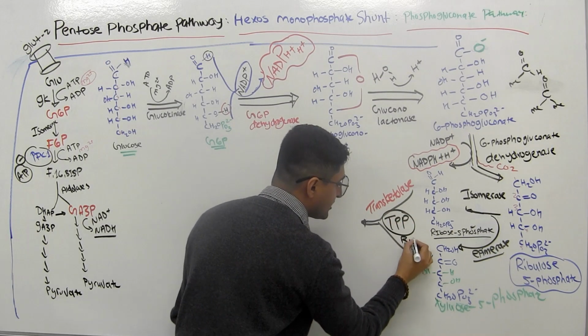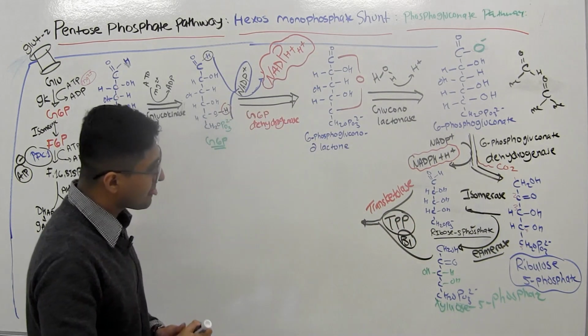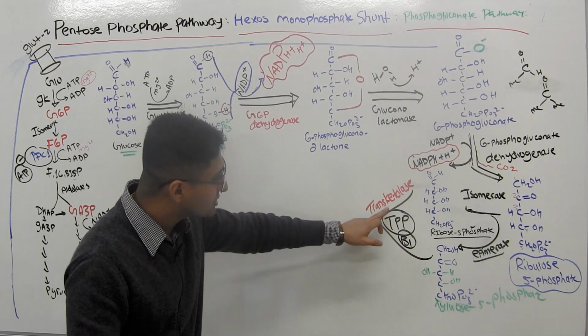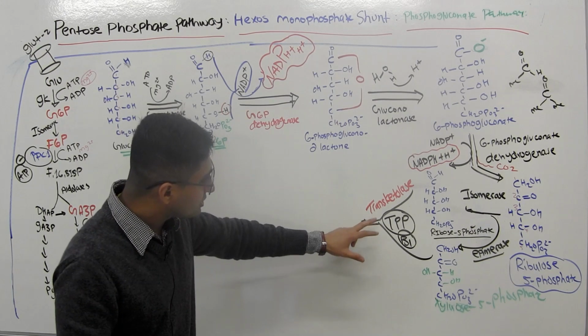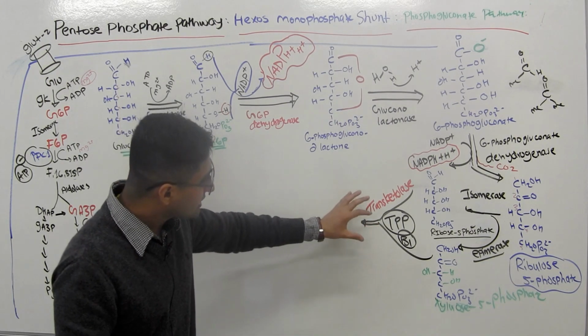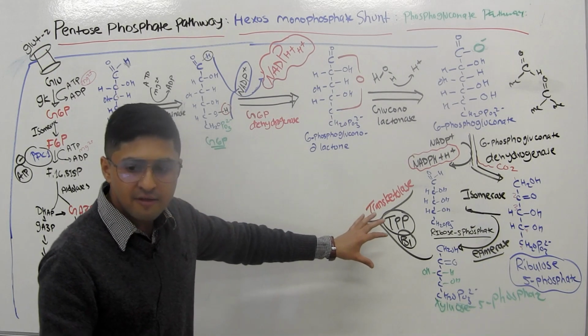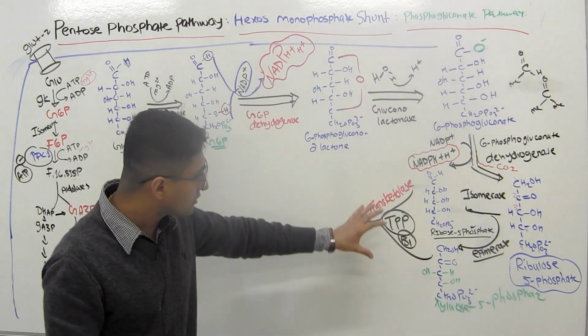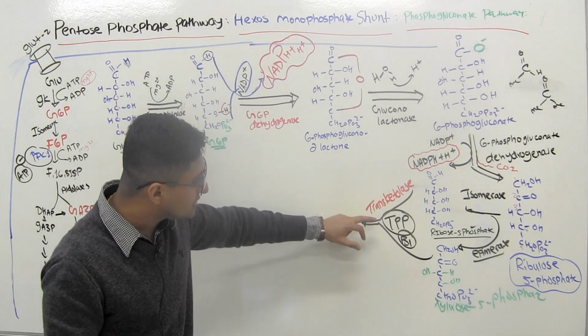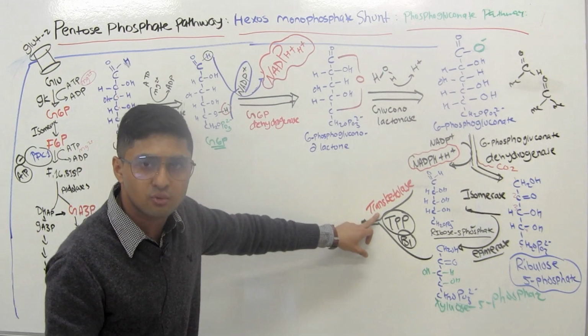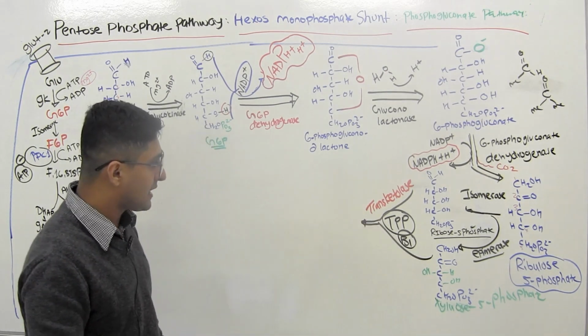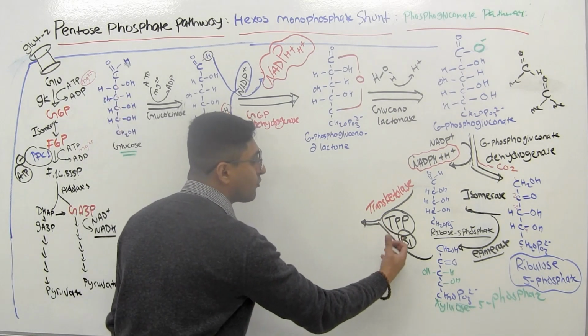This is B1. It's required for this transketolase enzyme to work, right? And guys, this is a very, very important enzyme because remember, if this transketolase is deficient, then there's an important clinical correlation with that. With the transketolase deficiency, you have Wernicke-Korsakoff syndrome associated with this, all right? With the transketolase enzyme.